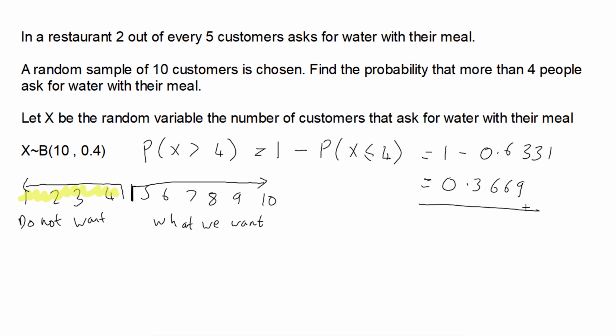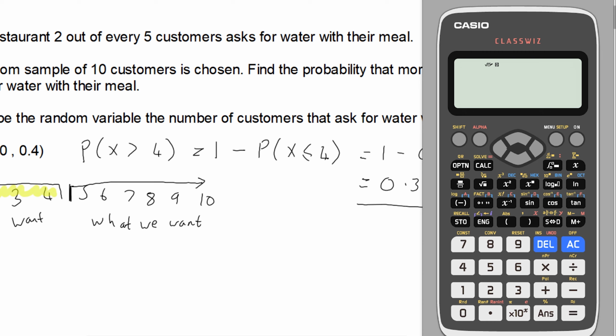But how would I do that on a calculator with the ClassWiz? So from the main screen, you would select 7, select down and go into binomial cumulative distribution. Again, select variable. Now we're trying to find 4 or less because it's what we don't want. Press equals to insert your answer.